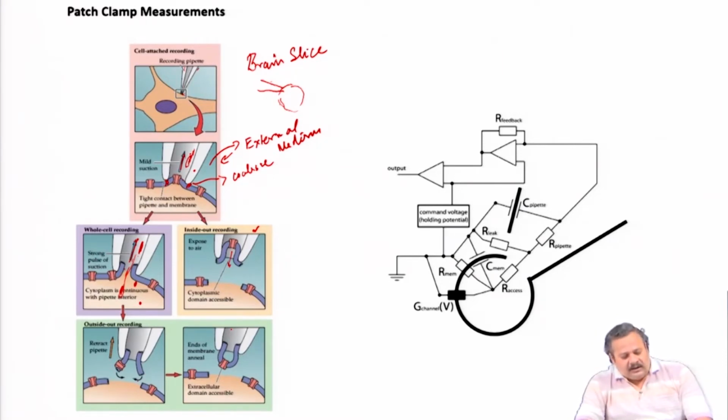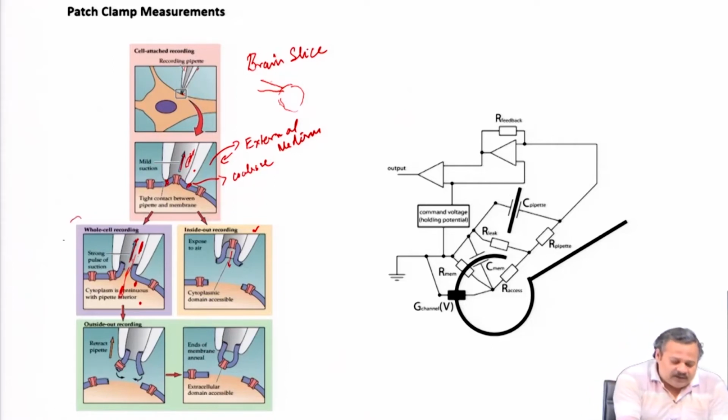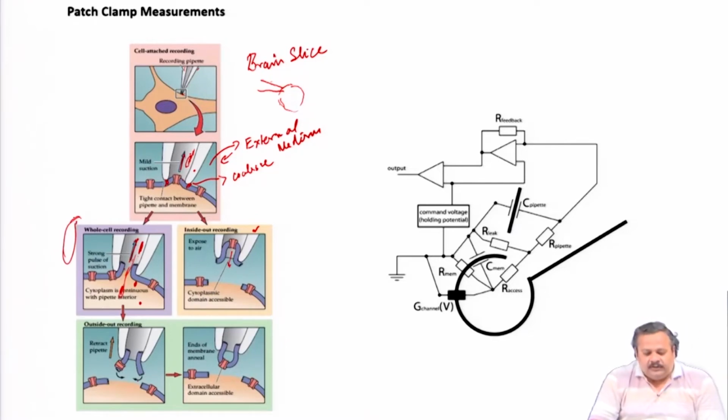There are a few other variations also, and it depends on the question that we are asking, and we accordingly apply the techniques. We will mainly be focusing on this whole cell recording because this is what we will be using in our discussions later when we are trying to model neurons and their excitability based on their sodium and potassium channels.